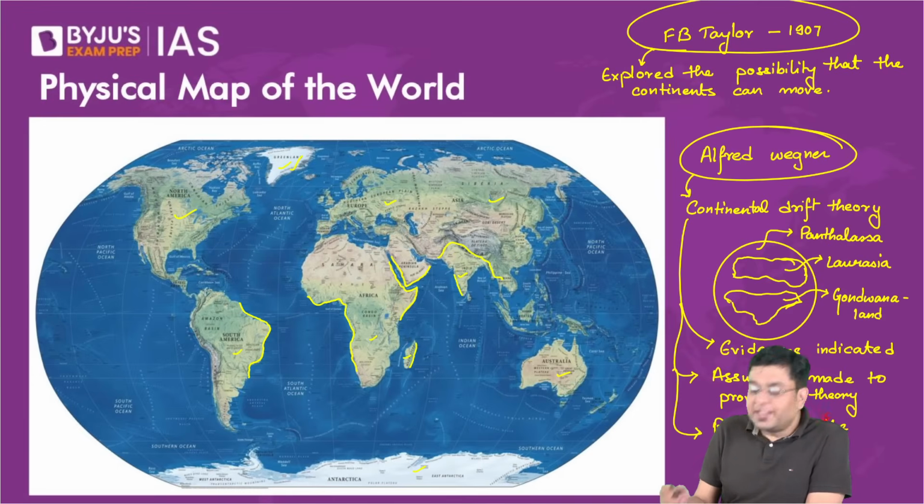So these are the three factors that we are going to study in detail. What were the evidences indicated, what were the assumptions made, and what were the reasons indicated for the drift.